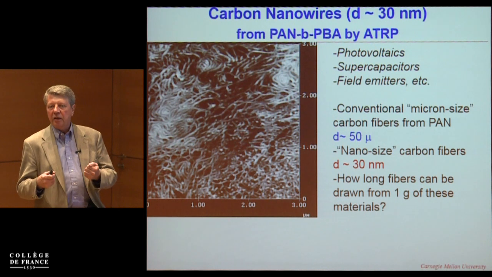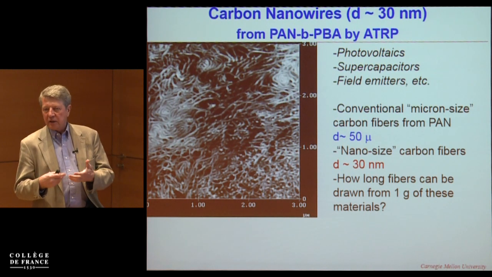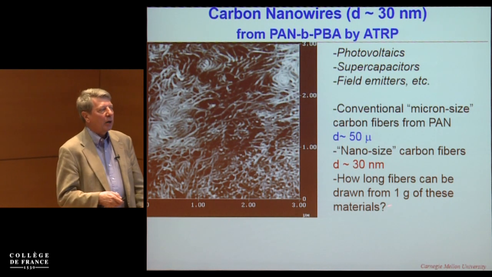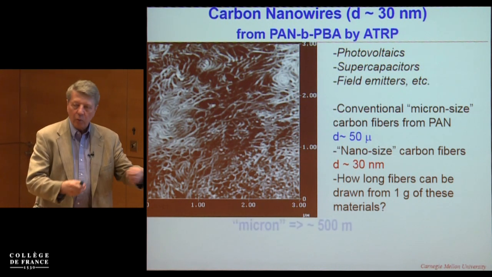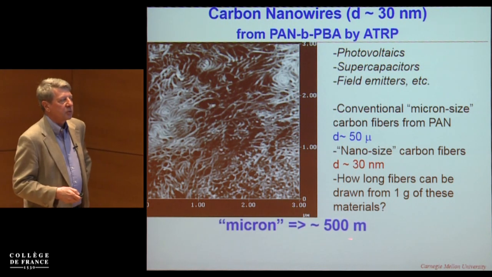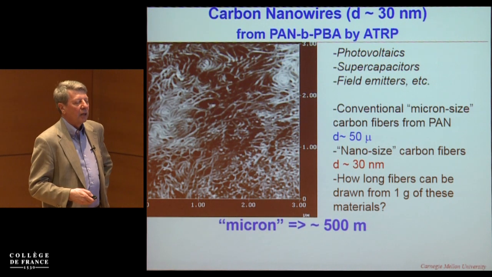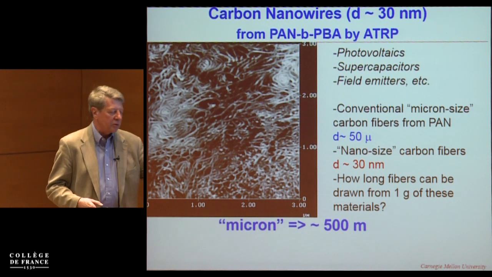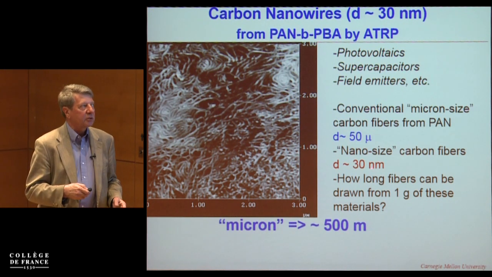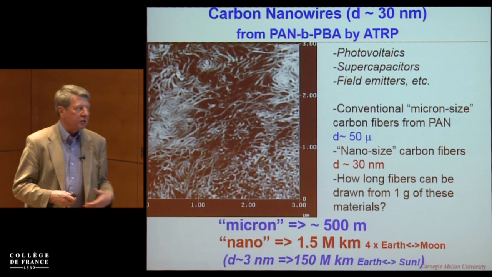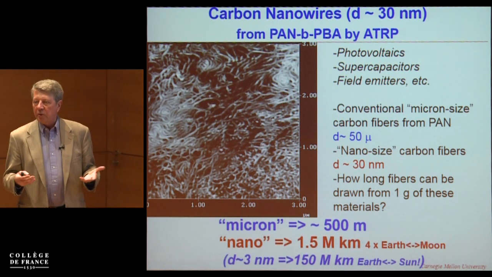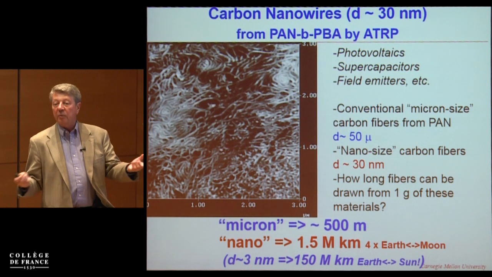So if you take a 50 micron fiber and take 1 gram or 1 cubic centimeter of it, one single cylinder would correspond to 500 meters length. And if you go to 30 nanometers, they would be, roughly speaking, 2,000 by 2,000 times longer. So it would be 1.5 million kilometers of an individual filament.